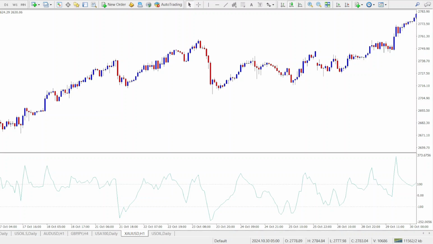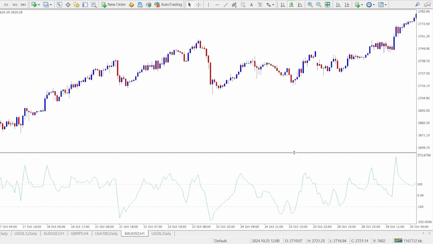Now, CCI divergence occurs when there is a difference between the price action on the chart and the movement of the CCI indicator. The CCI indicator itself is great for spotting overbought and oversold conditions in the market.